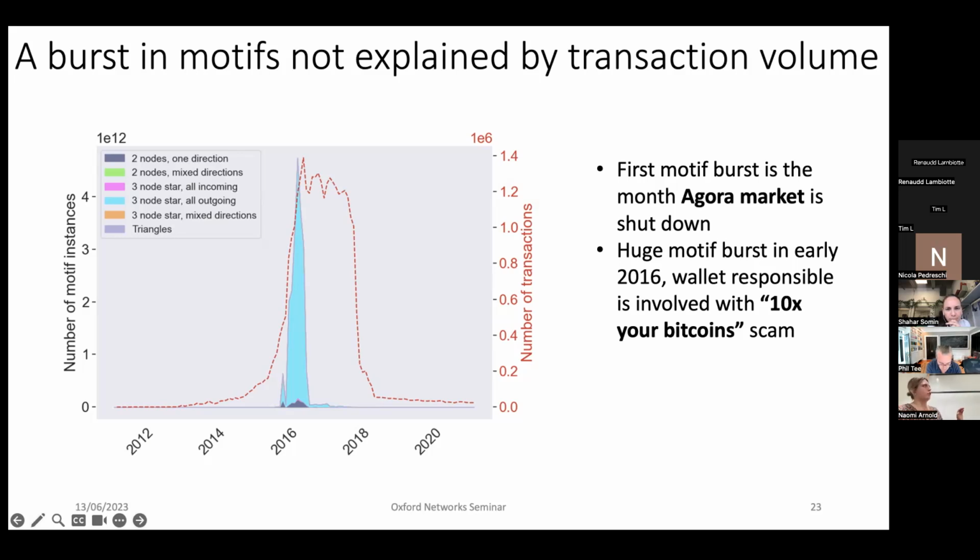What's quite interesting to me is that this spike dies down long before the number of transactions associated with Alphabet dies down, and long before Alphabet is shut down in 2017.